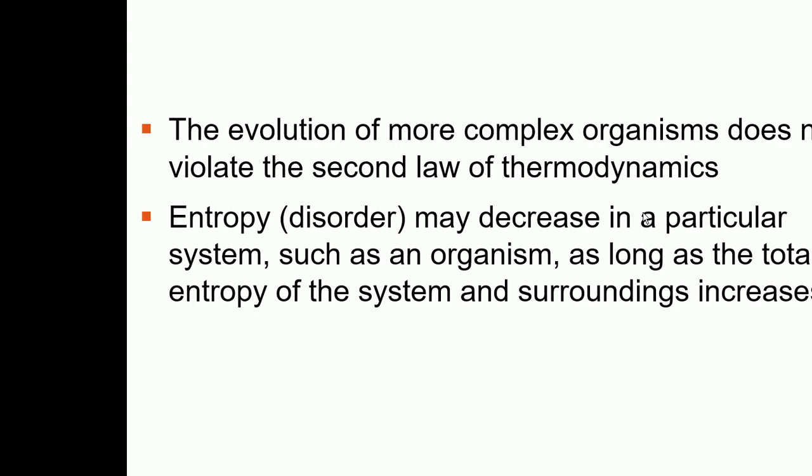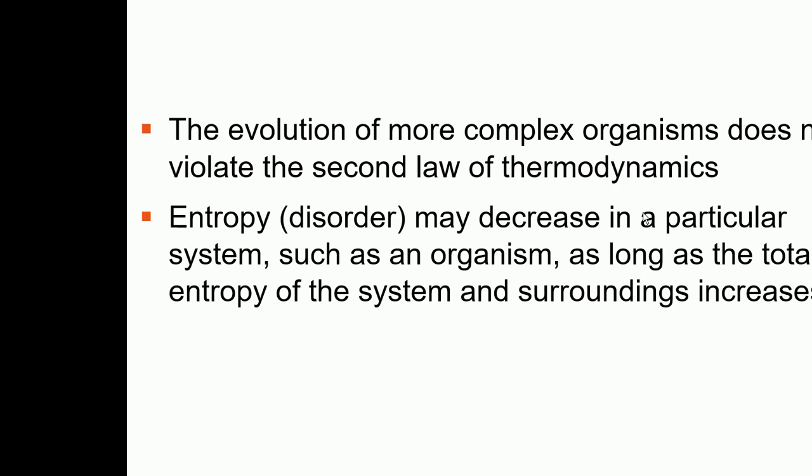Okay, the overall entropy at the universe level is increased. So it means that the biological world is not violating the second law of thermodynamics if we look at the universe level. So it's very important to understand a system level and a universe level.